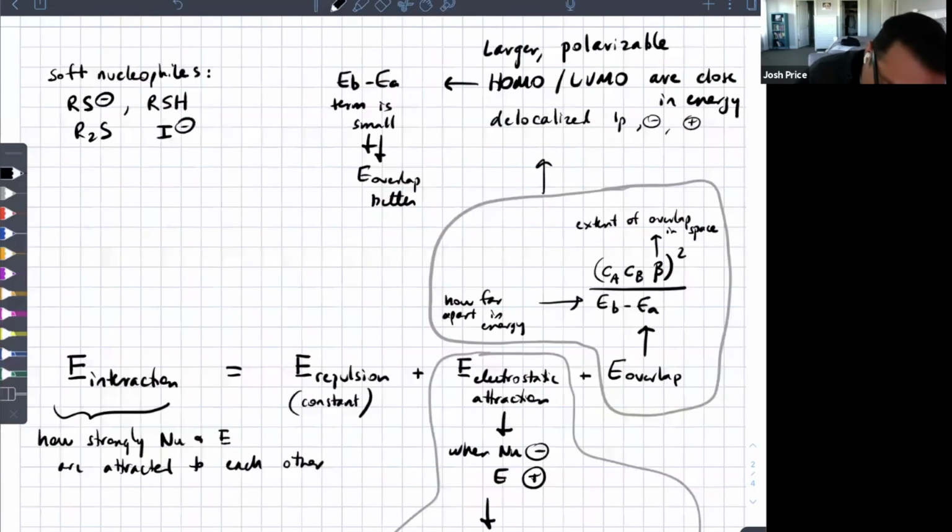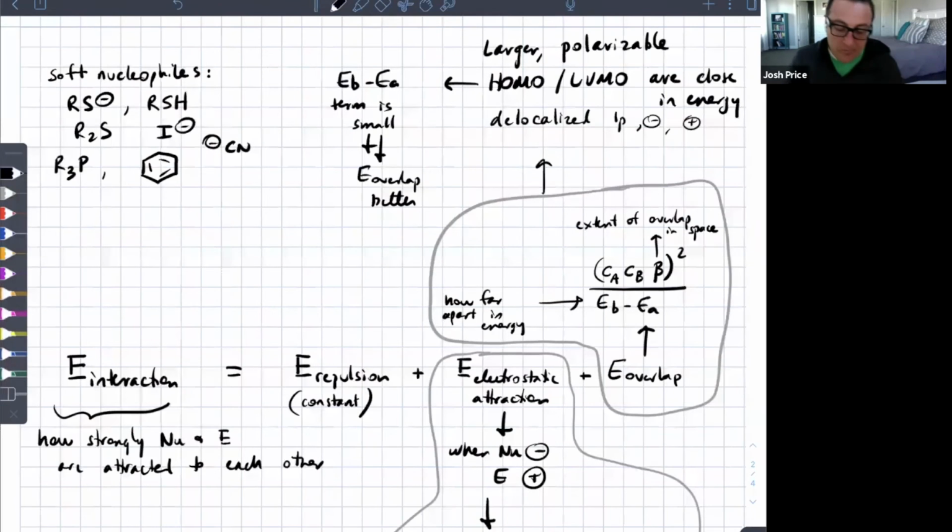Iodide, phosphines, which is the third row version of the amine. Also, you could include benzene as a soft nucleophile. CN minus is a fairly soft nucleophile.